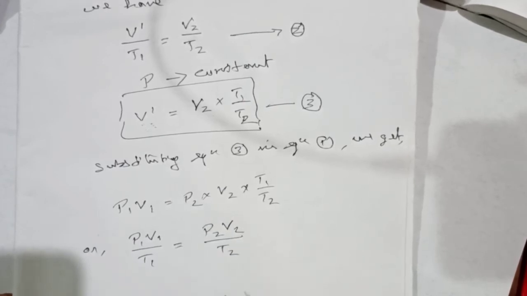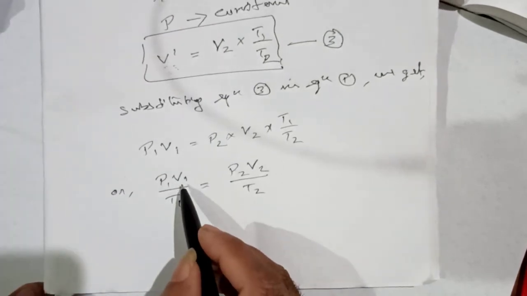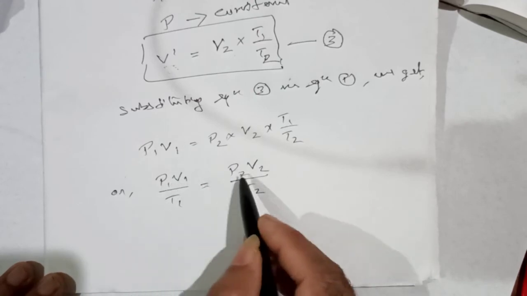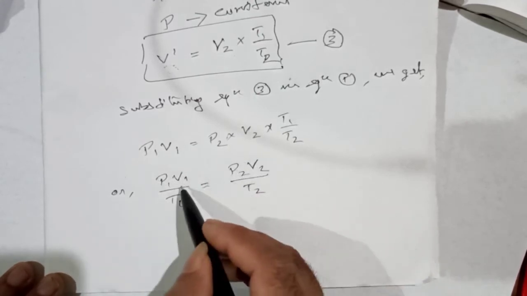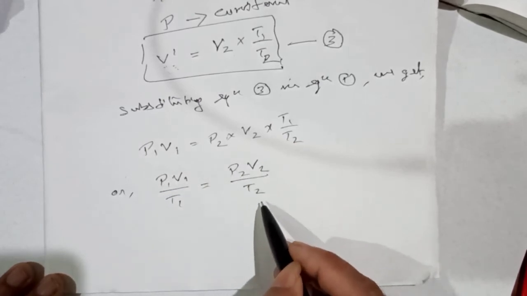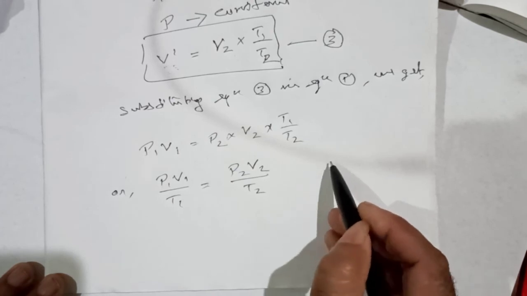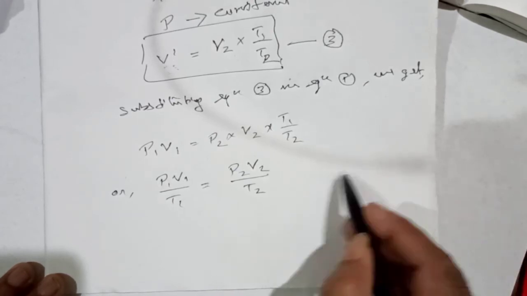So this means that if there is volume 1, volume 2, pressure 1, pressure 2, T1, T2, we can see the same arrangement, PV by T, PV by T. So if there's P3 V3 by T3, P4 V4 by T4, it will go on like that.